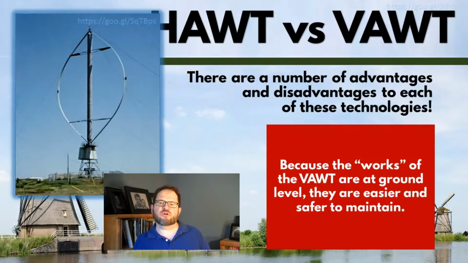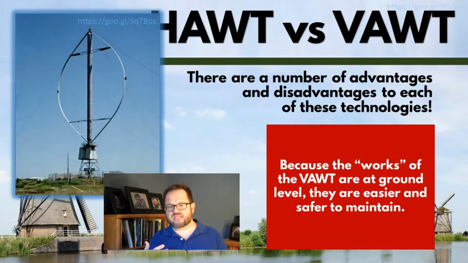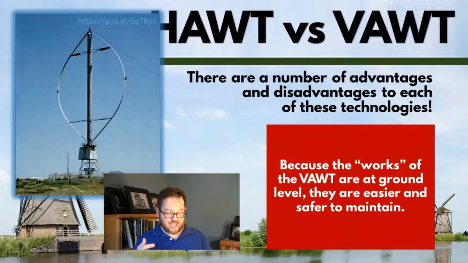Now, I want to spend a few moments real quick just on Vought technology, in part because so much of the rest of the lecture is going to be about HAWT. There are a number of advantages and disadvantages to both of these technologies, but there certainly is one big advantage to Vought, and that is that the works of it are basically down at ground level. It starts becoming much, much easier to figure out how you're going to maintain this thing, because so much of its works are at a level that's not so hard to reach.